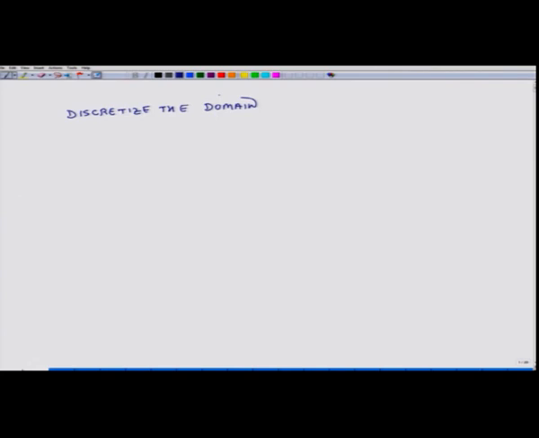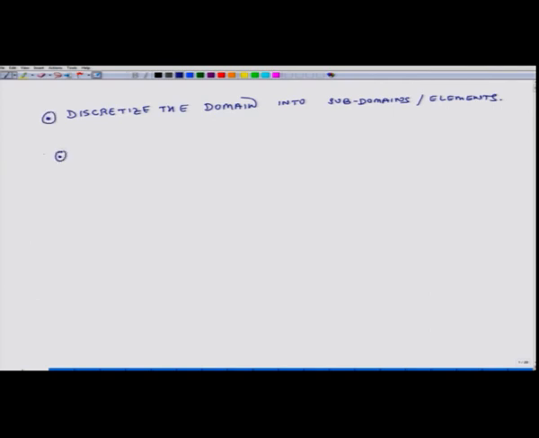We break the overall region in which we want to find the solution into subdomains, and these subdomains are called elements. So, this is the first step.